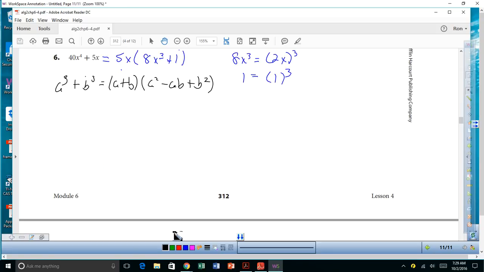So how does this work out? We get 2x plus 1 times, and then 2x squared would be 4x squared, minus 2x times 1 is minus 2x, plus 1.